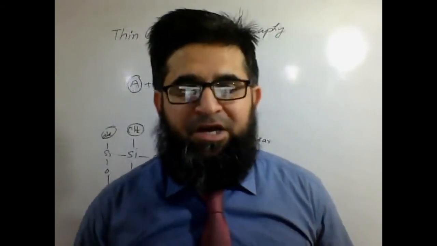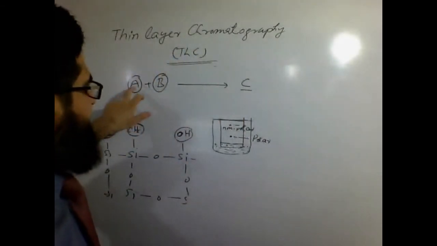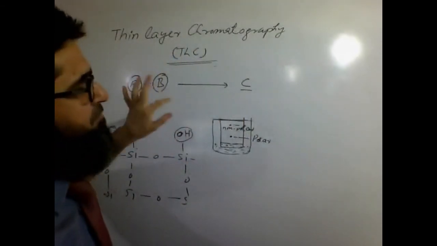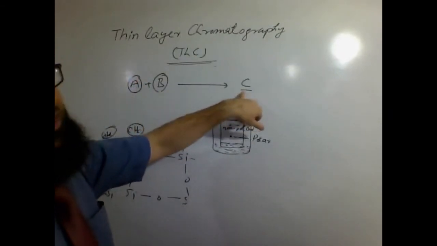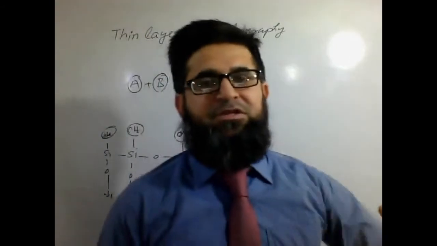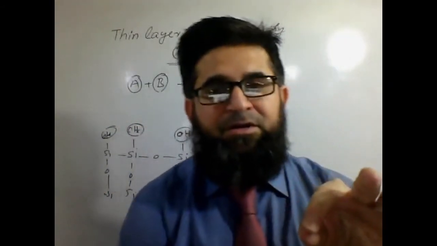We can find out roughly the time required for the reaction using TLC plates. The presence of reactant A and the presence of reactant B will confirm the reactants are present. The appearance of spot number 3 will represent the formation of the product.